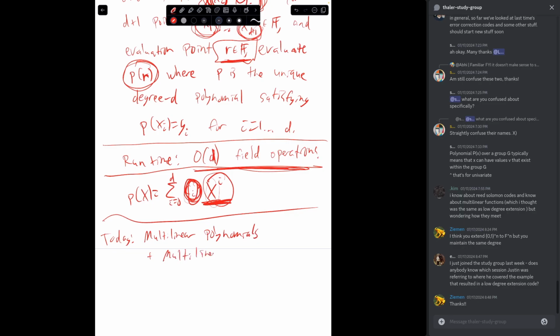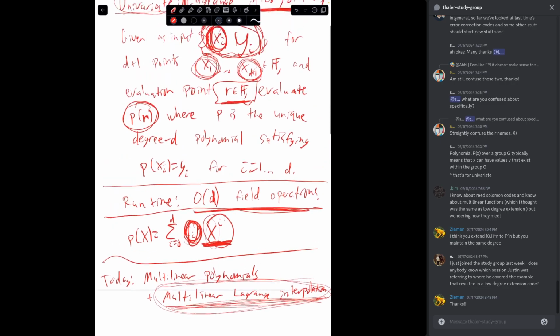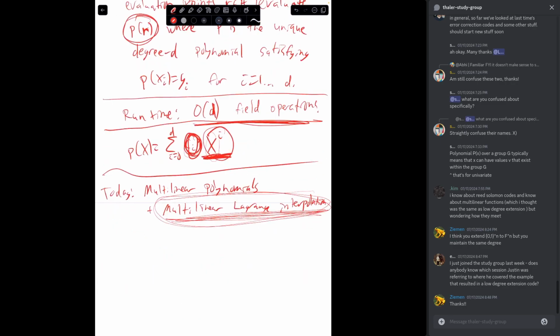Multilinear Lagrange interpolation is the technical underpinning of all interactive proofs, like the sum-check protocol and things like that. It's the main technical thing to get comfortable with. I think it's actually simpler than univariate Lagrange interpolation. It just takes a little bit to get comfortable with because you're dealing with more than one variable.